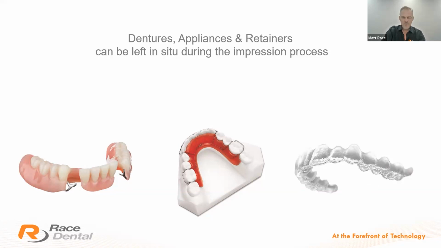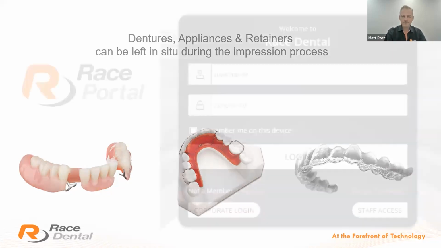So that is important. If it is a retainer, that's fine. But if it is an aligner and it's not the last one, please remember to remove that, or the splint will only fit during that aligner or maybe the next one only. So keep those in mind. Any appliances can be left in situ outside of any aligner prior to the last.